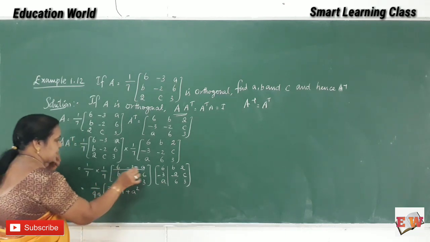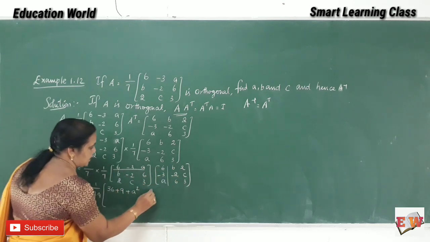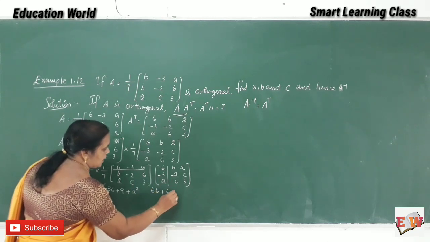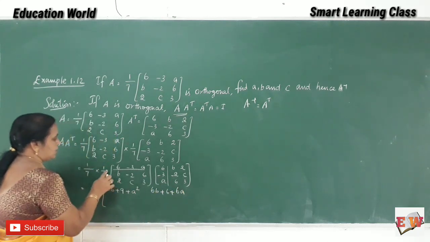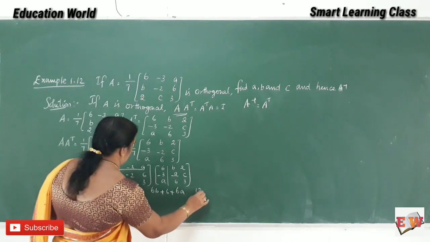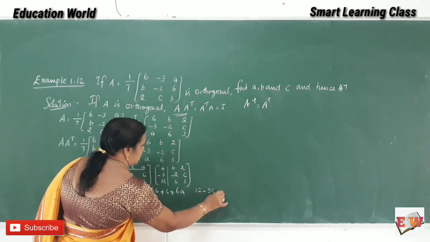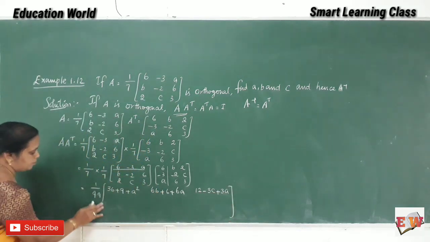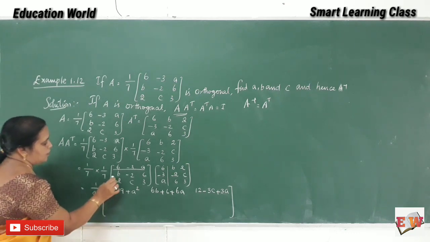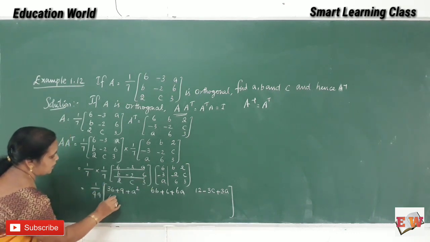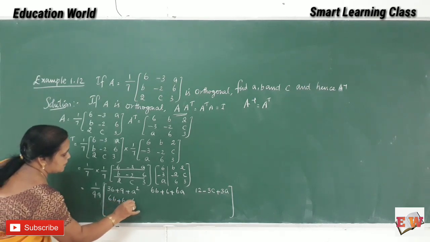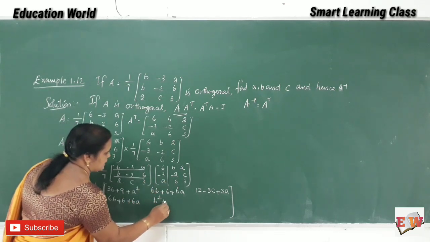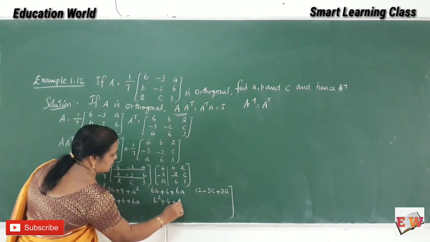Second one, first row and second column: 6 into B, 6B, minus into minus plus 6, 6A. First row and third column: 12 minus 3C plus 3A. Now second row and first column: 6B plus 6 plus 6A. Then B square minus into minus plus 4 plus 36.